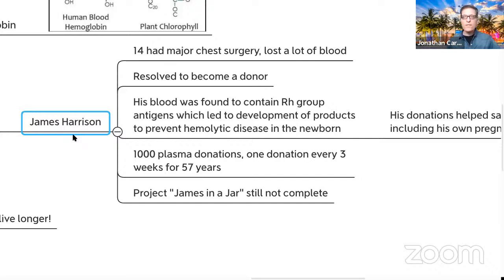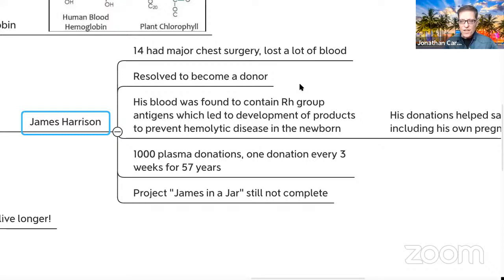He was told how much blood he got, and it impressed him so much that he wanted to give back, and he resolved to become a donor. And remarkably, his blood was found to contain what's called an Rh group of antigens.